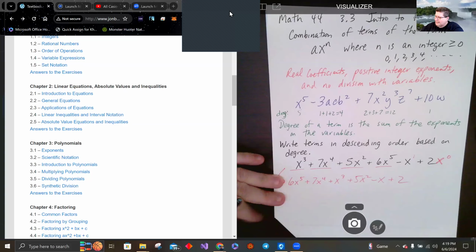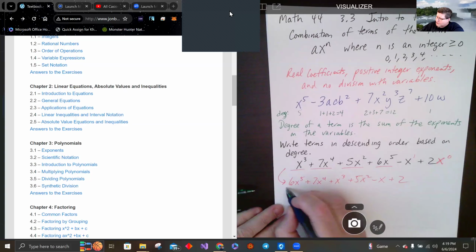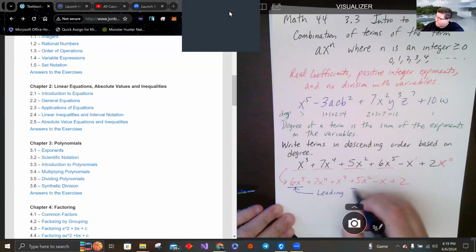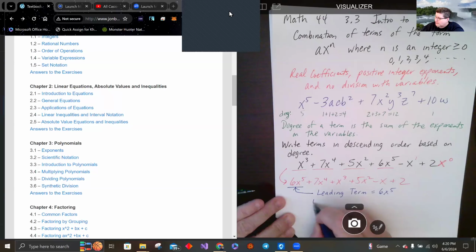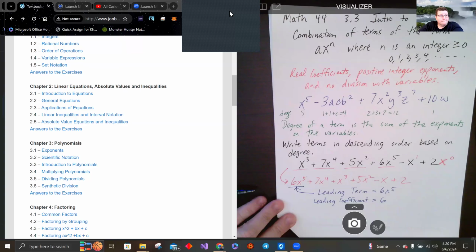When it's written in descending order, this term is called the leading term. And the leading coefficient, 6, is the number in front of it.